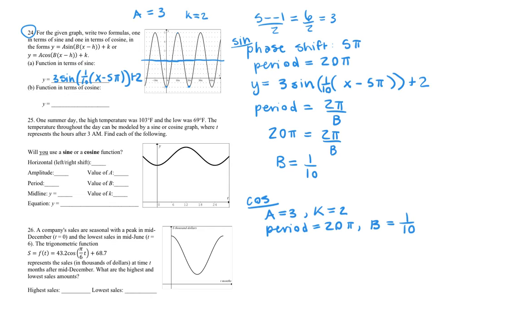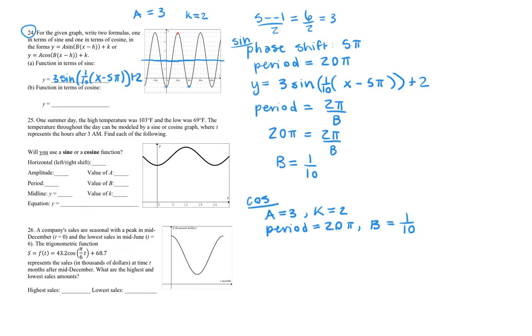So now I just think we need to think about our phase shift and where we may have started for cosine, or where we regularly start. Cosine normally starts at the peak, which would be right here, but I also noticed that I have a peak down here, so you could do this next part either as a phase shift or a reflection across x.